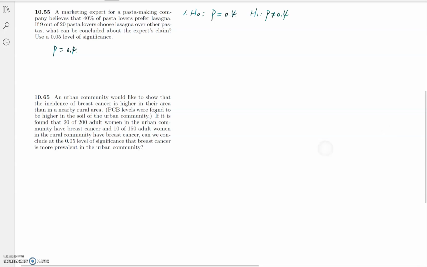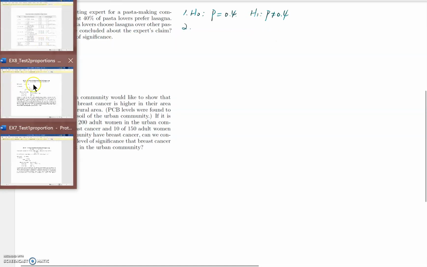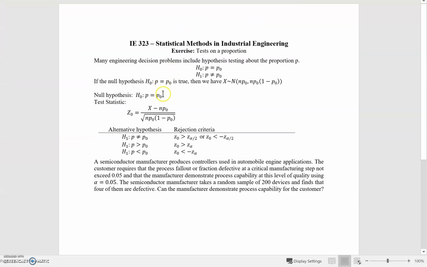Let's take a look at the formula for one proportion. What we need here is P0, that's 0.4, and X. This is a two-sided rejection region.